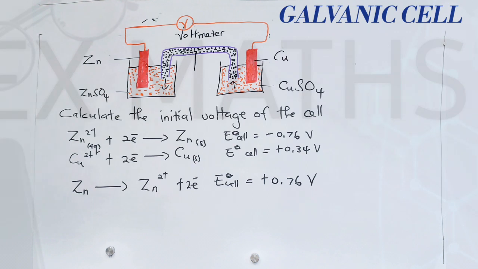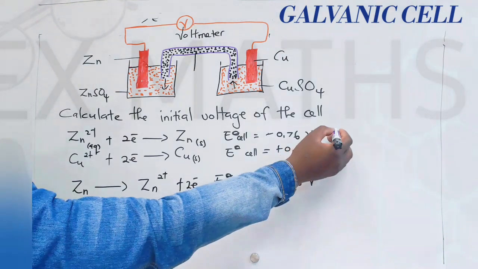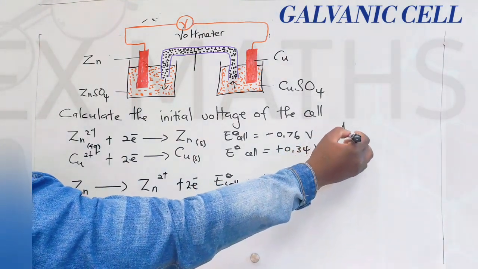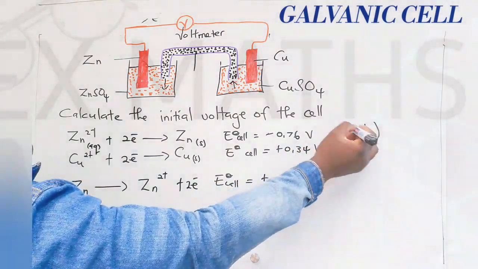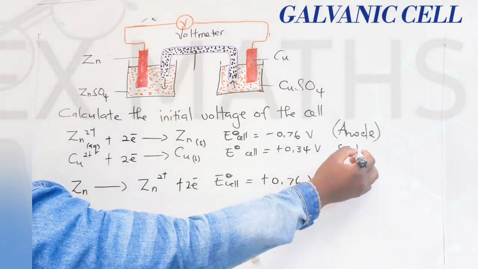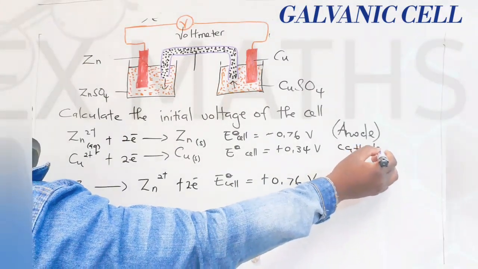But now we want to determine which one is the cathode and which one is the anode. We said the anode is the negative electrode, so the one which is more negative is the anode. So our anode is the zinc electrode. This one is the anode, this is the cathode, which is positive.